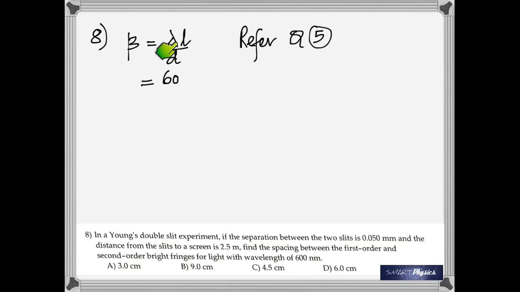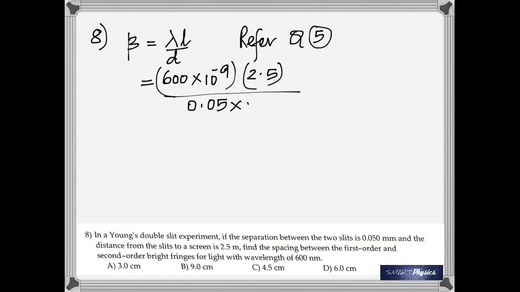And you can learn it as lambda times the length divided by D. So that's from question 5, and that's a general standard equation. Calculation gives 3 centimeters as the spacing between the 1st order and the 2nd order bright fringes.